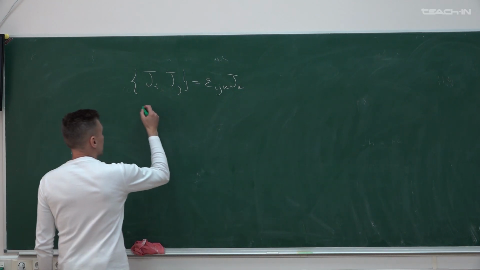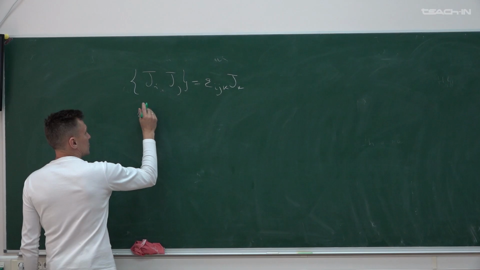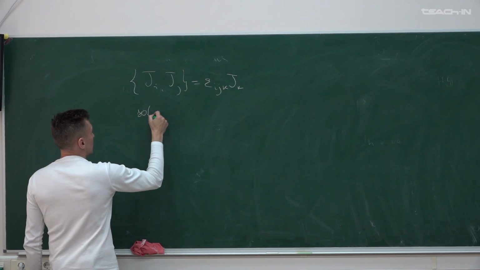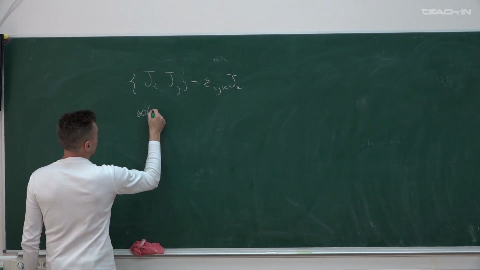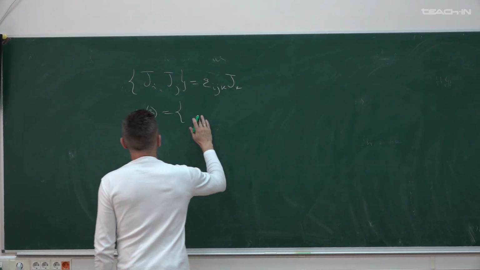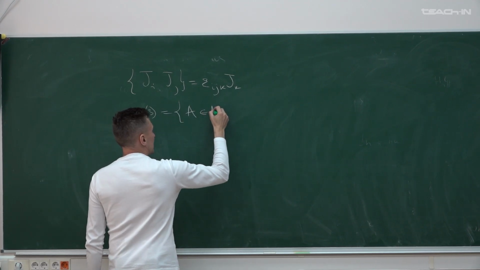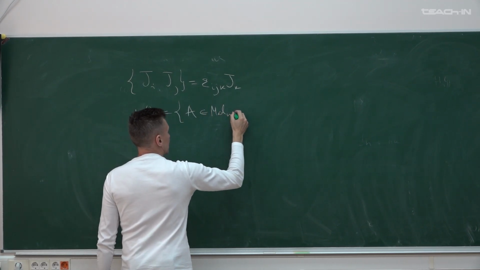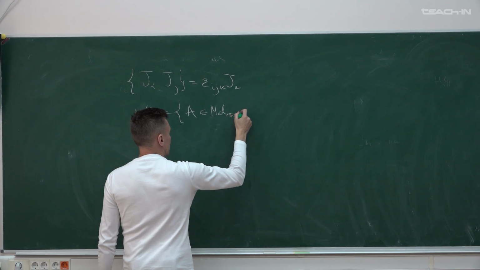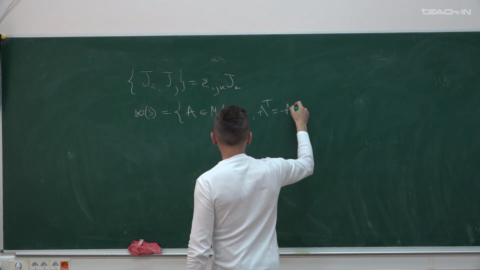And the next thing is that this algebra is equivalent to SO3, which is the linear space of skew-symmetric matrices, 3 by 3, such that A^T is minus A.